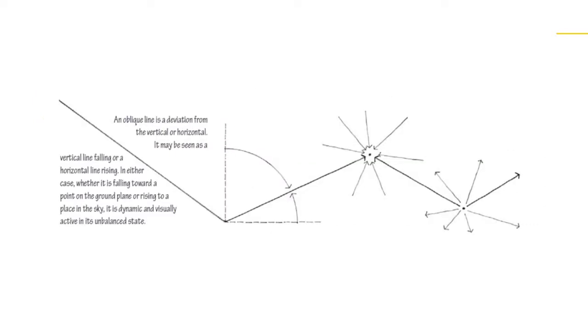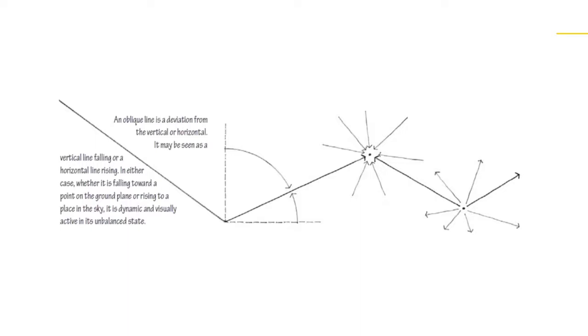An oblique line is a deviation of the vertical and horizontal. It may be seen as a vertical line falling, or a horizontal line rising. In either case, whether it's falling down towards a point on the ground plane or rising to a place in the sky, it is dynamic and visually active in its unbalanced state.